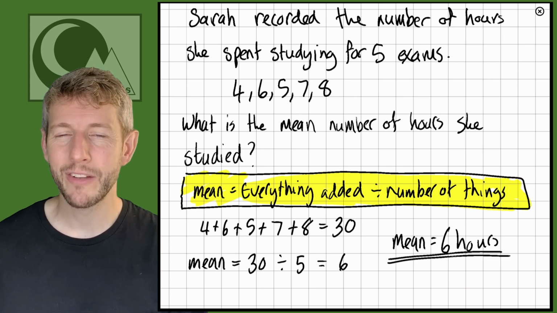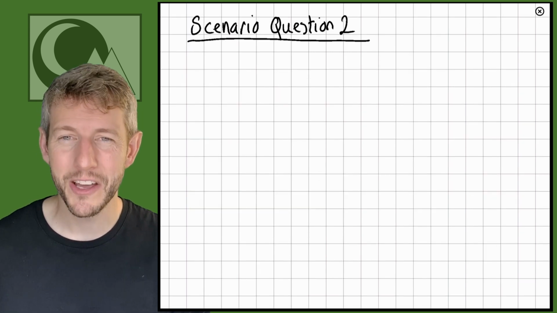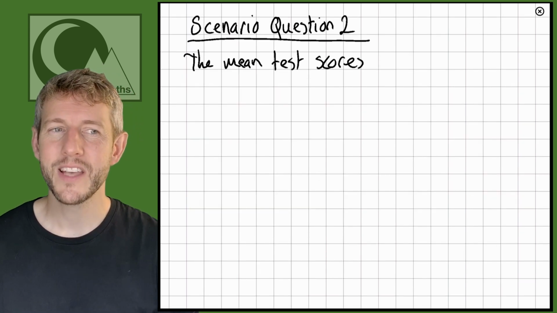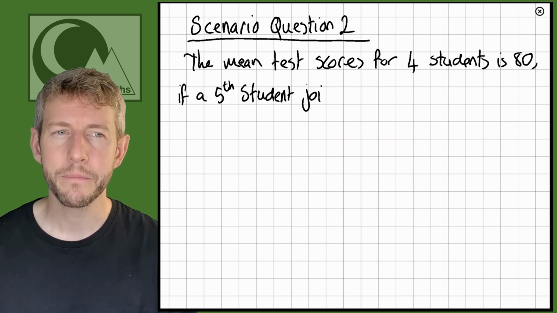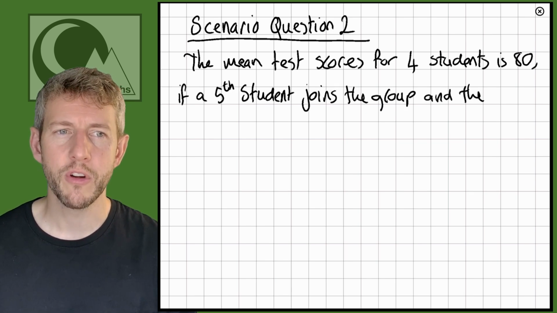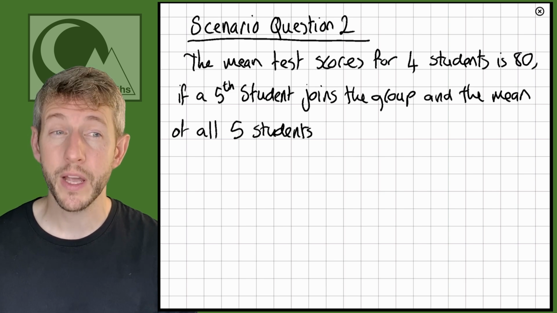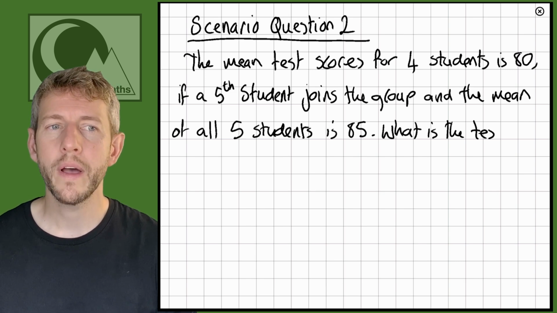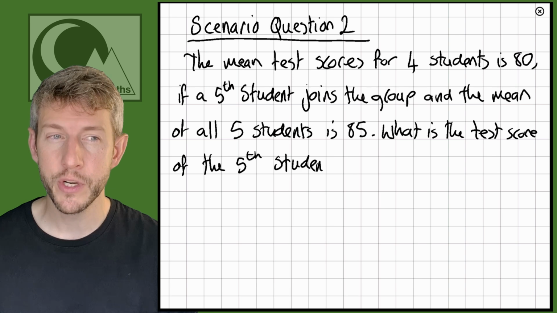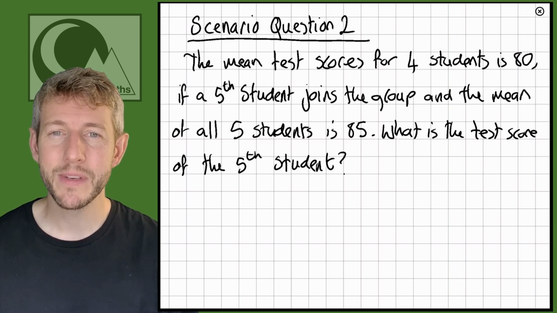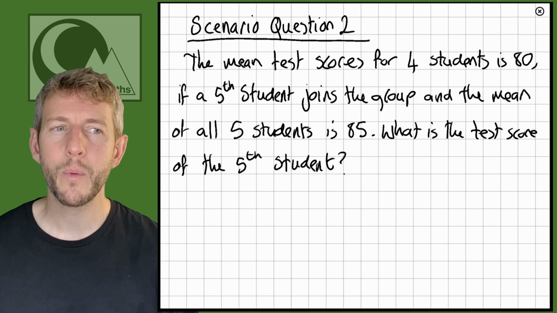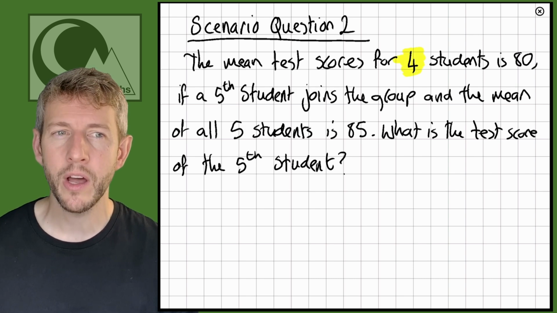Okay, and now let's have a look at scenario question 2, and this is going to be of the second type. And so this says, the mean test scores of 4 students is 80. If the 5th student joins the group and the mean of all 5 students becomes 85, what was the test score of the 5th student? Okay, right, so this is exactly the same as the ones that we've been doing before. Remember, we've got 4 students, they've got a mean of 80.